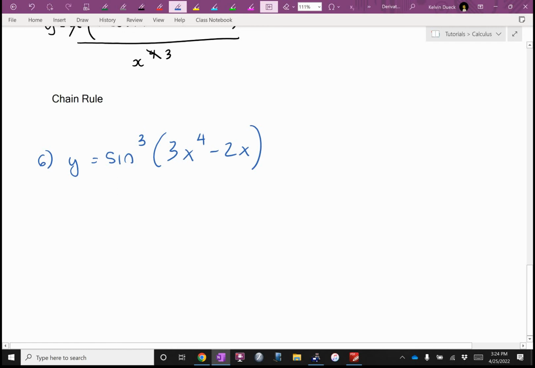y equals sine cubed of the bracket 3x to the fourth minus 2x. Okay. What's the outer function? Yep, cubed.